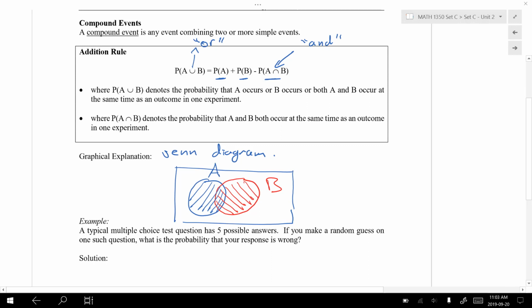Now, if we were to take all the stuff inside A and add to it all the stuff inside B, we're kind of doing a double counting. So this shaded area here is getting counted twice. So when we were shading, we filled this in twice. It was shaded twice. Once red, once blue. And so we'll need to subtract off one of the shadings because it was double counted.